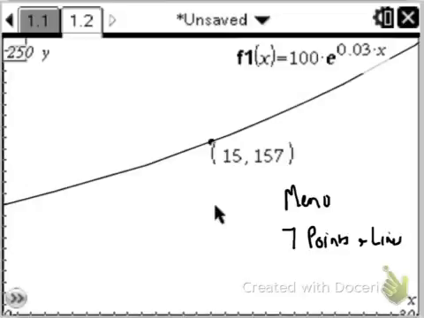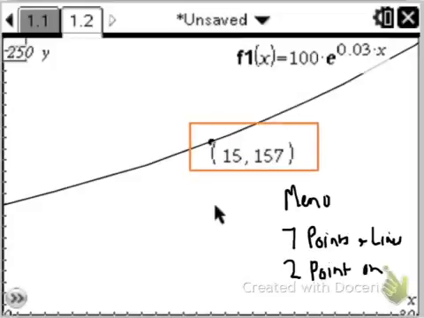And then select number 2, which is Point On. And then if you click on the graph and just trace along, you can find the Y value for any X value. So that's how I arrived at this here.